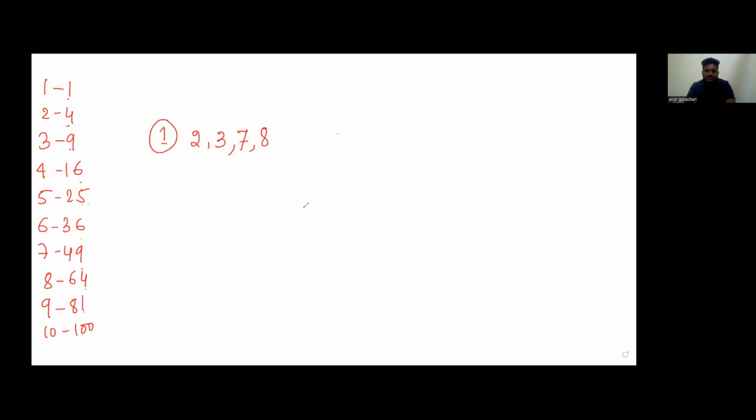Getting this? Yes, sir. So one question was asked, I think some 4-5 years back in AFCAT. The question was, keep writing the question also along with me. Identify the non-perfect square among the following.